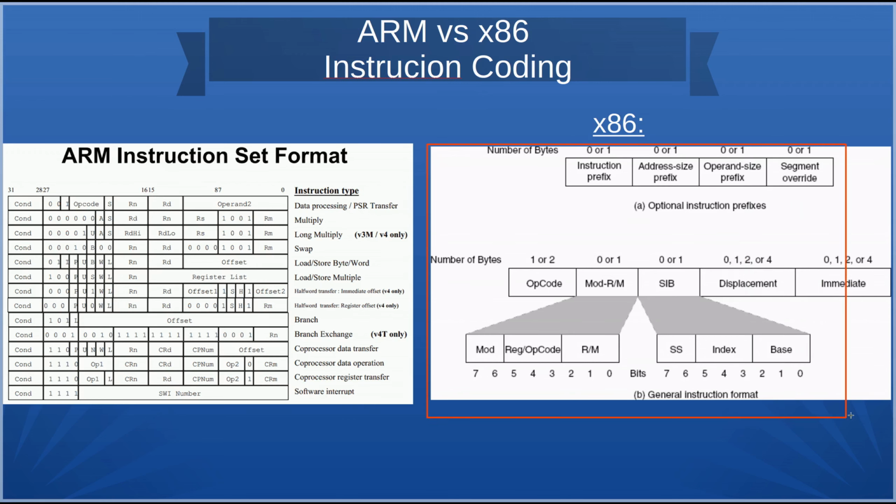There are 4 different prefixes, and each of them could be there or not, so it could be 0 to 1 byte. The only mandatory thing is the opcode, which could be 1 or 2 bytes, and everything else is optional and doesn't need to be there.